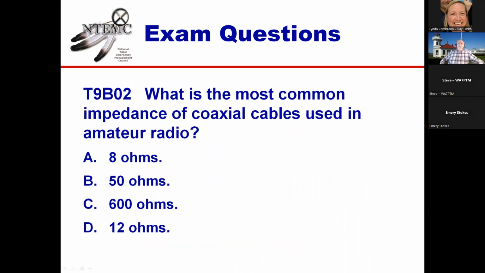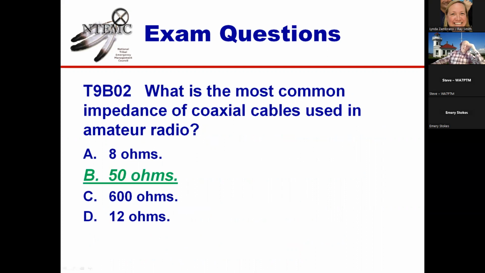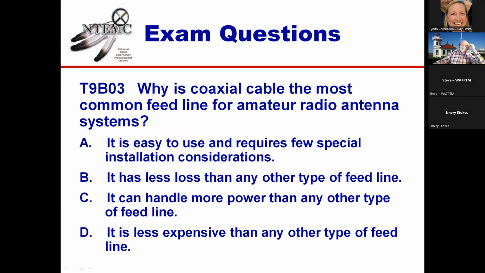What's the most common impedance of coaxial cables used in amateur radio? 50 ohms. That's the magic number we always remember, 50 ohms when it comes to coax. All your coax that you use in amateur radio is 50 ohm. Not all coax is that. Television coax is 75 ohm. You don't want to use television coax in your shack. You need to buy the right kind of coax.